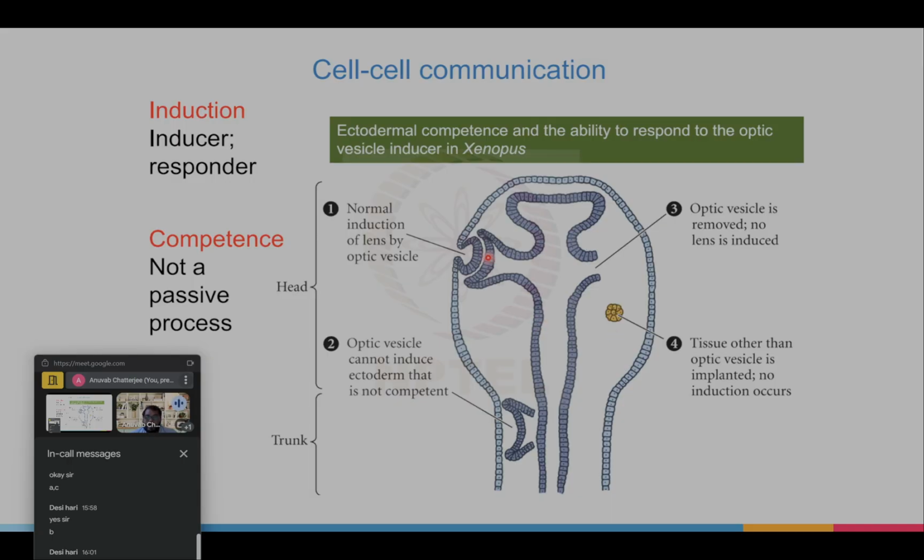And competence is the ability of this cell layer which is undergoing morphogenesis to actually receive the signal and do so. So the surface ectoderm is competent, and the optic vesicle is an inducer. Is this fine?